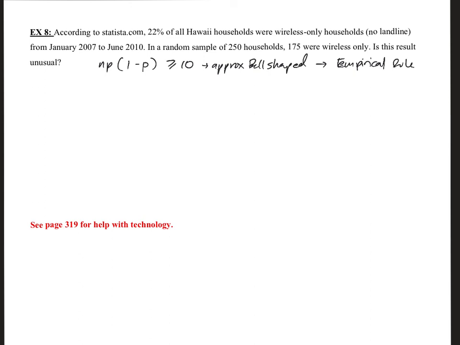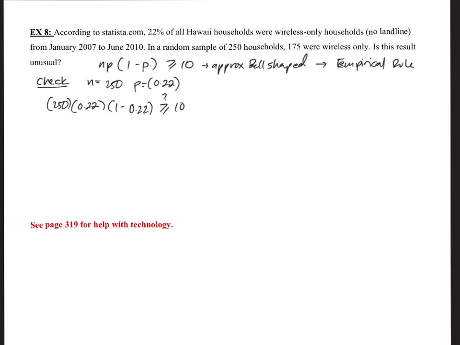So let's check that first. So n, what is n? n equals 250 households, and p, our probability, is 0.22. So checking that, 250 times 0.22, then 1 minus 0.22. Is this greater than or equal to 10?